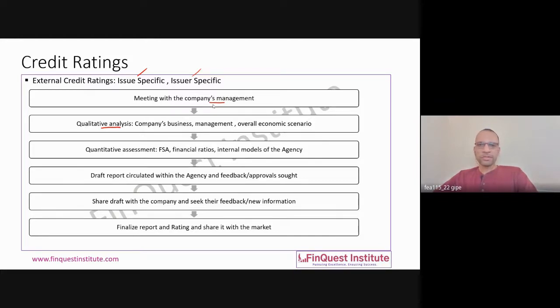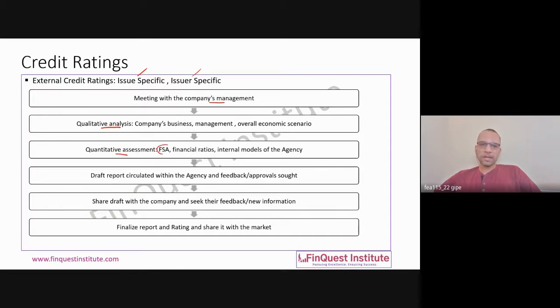In addition to this, other things which could be assessed is the language of the annual report. As a part of the annual report, there is an MD&A section, the management discussion and analysis section, which explains what the vision of the management is and how they are planning to pursue things in the near future.